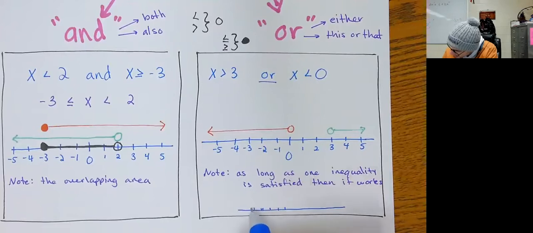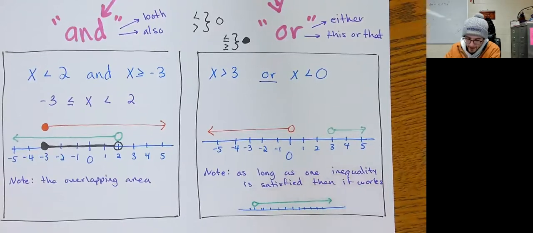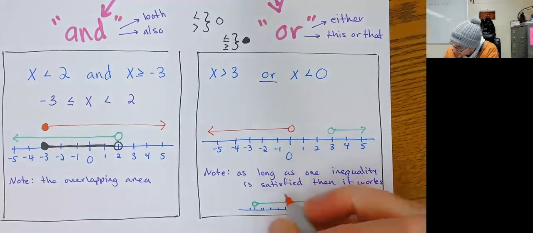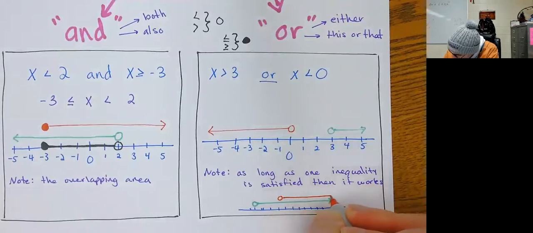I'm not going to put numbers on it. It's just a random number line. And let's say I have an inequality that starts here and is going this direction. And then I have an inequality that starts here and is also going this direction.